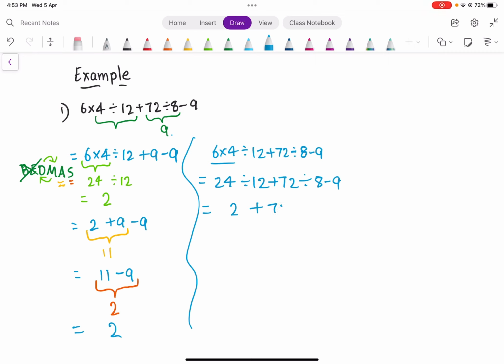So 2 plus 72 divided by 8 minus 9. 72 divided by 8 is 9. So 2 plus 9 minus 9. 2 plus 9 is 11, and so now our final operation is 11 minus 9, which gives us 2. So our final answer is 2.